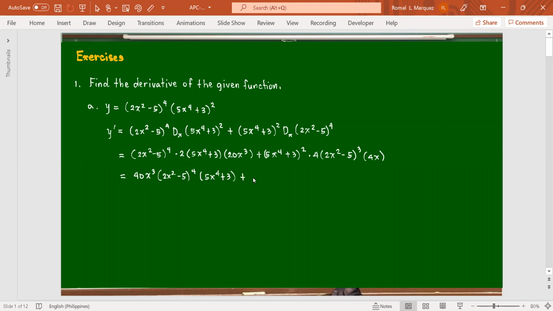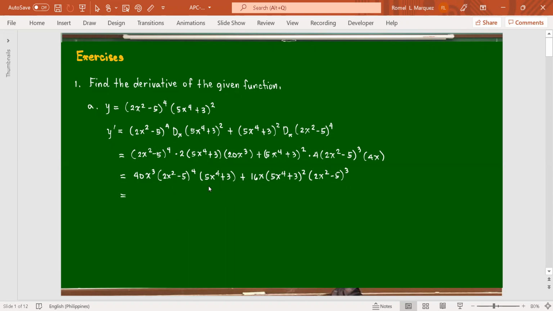The second group, we have 16x times (5x to the 4th plus 3) raised to 2 times (2x squared minus 5) raised to 3. Is that correct, guys?